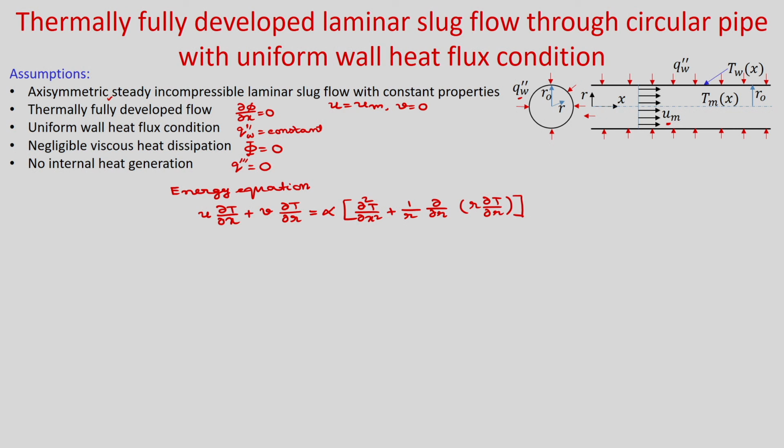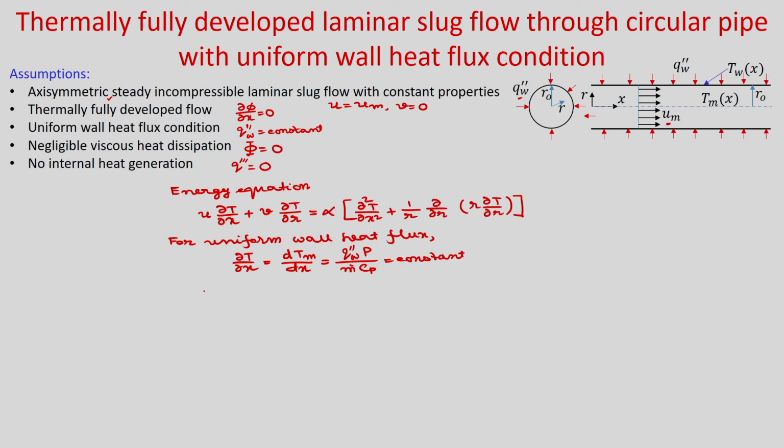Okay. So, now for constant heat flux boundary condition we can write del T by del x is equal to constant and hence del 2 T by del x square is equal to 0. So, for uniform wall heat flux, del T by del x is equal to dTm by dx is equal to q double prime w P by m dot Cp is equal to constant.